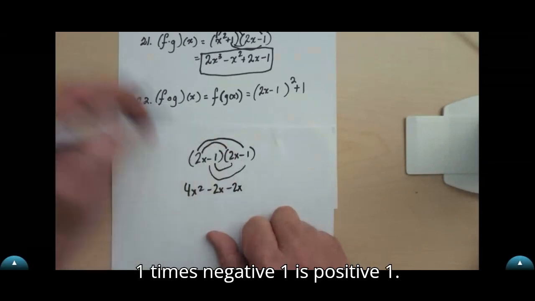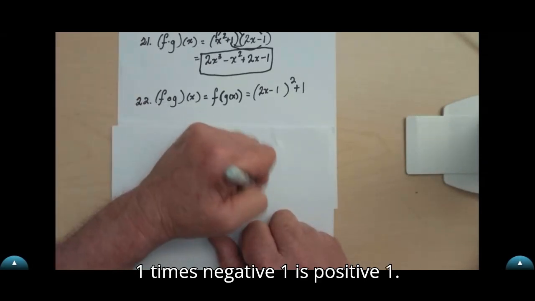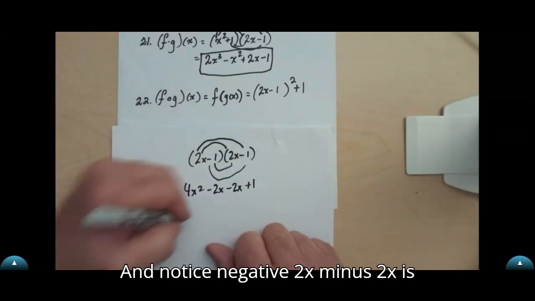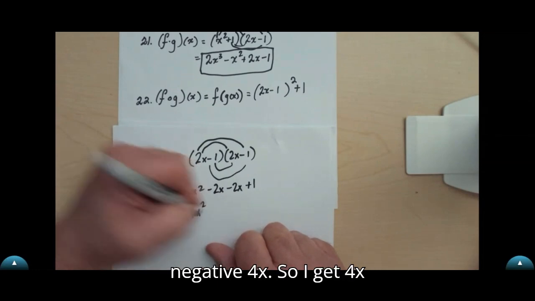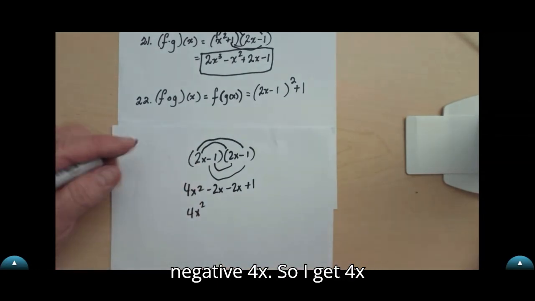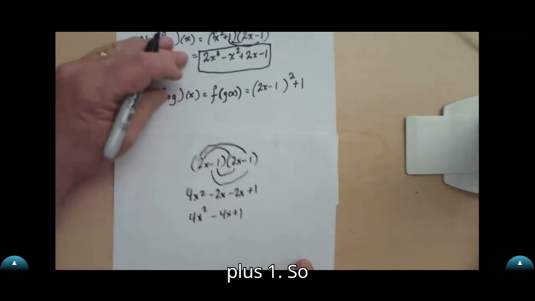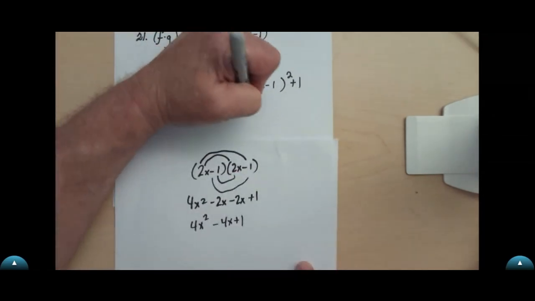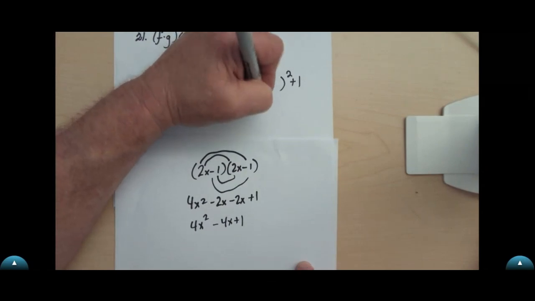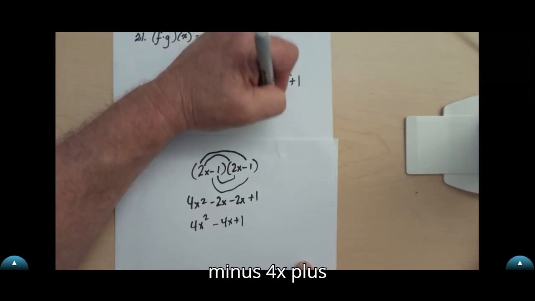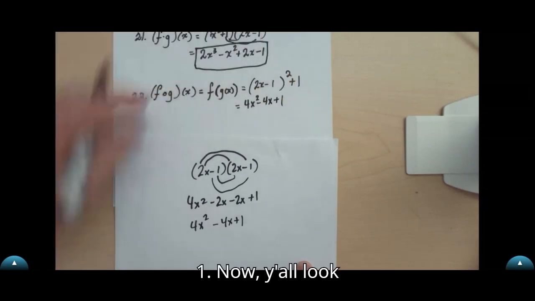And negative 1 times negative 1 is positive 1. And notice negative 2x minus 2x is negative 4x. So I get 4x squared minus 4x plus 1.